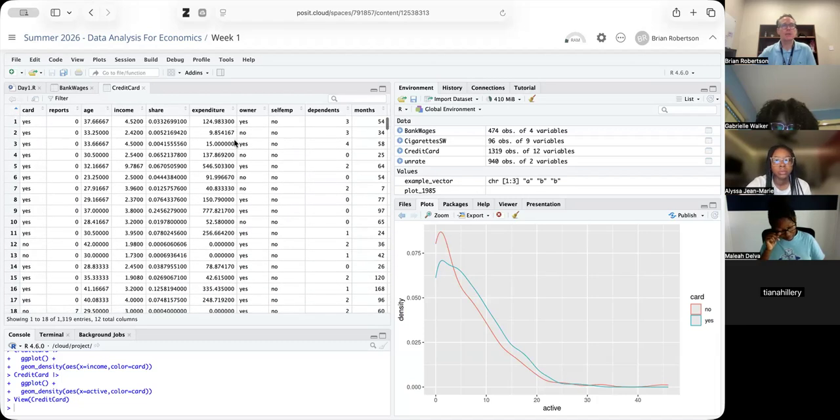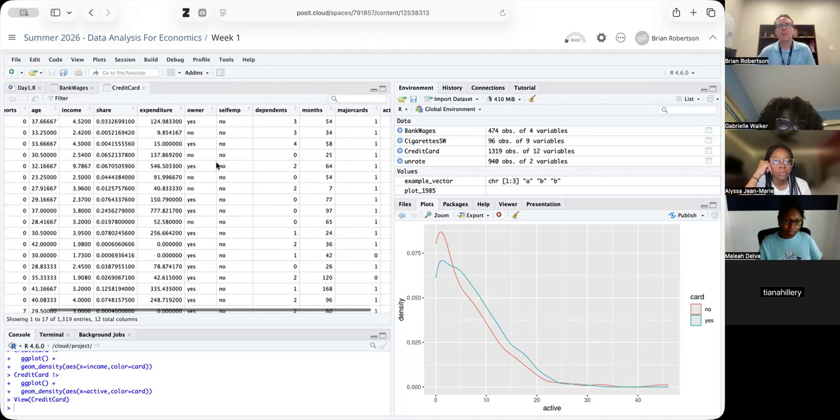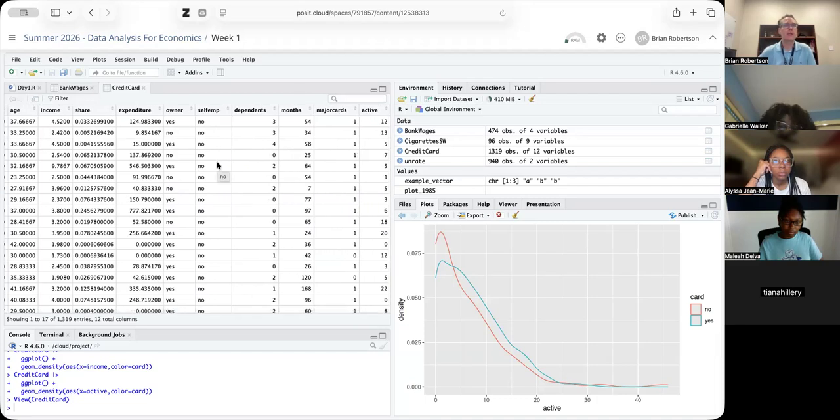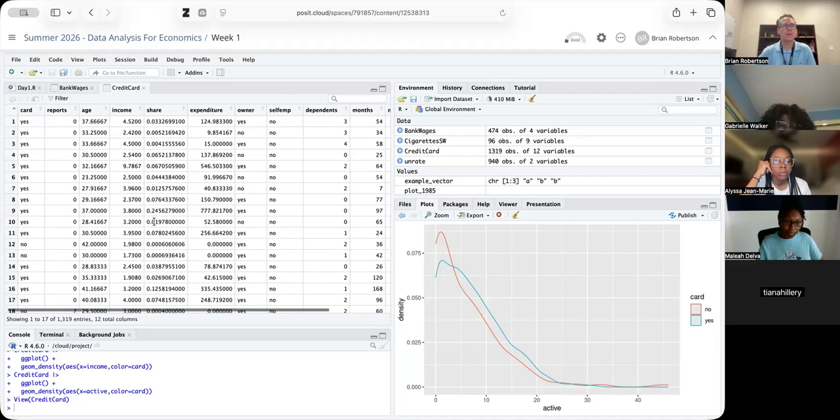It also had qualifying information: how many delinquent reports were in their credit file, their age, their income, whether they're a homeowner, how long they've lived at their current address, number of dependents, and various income-related data. That's what we landed on.